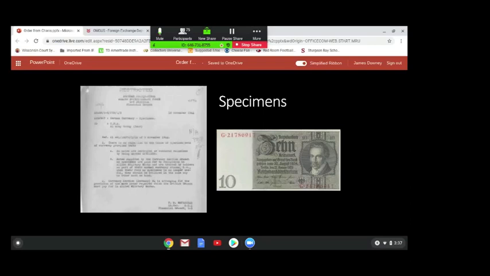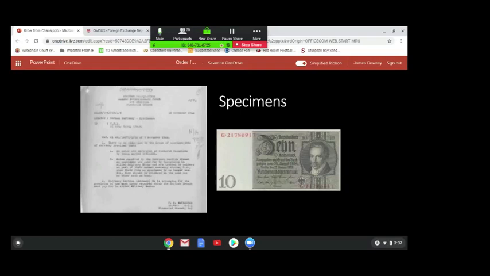I have not encountered any specimens that may have been created in that way. And given, again, the proliferation of rubber stamps at this point, I would be suspicious of any that would come on the market at this point.